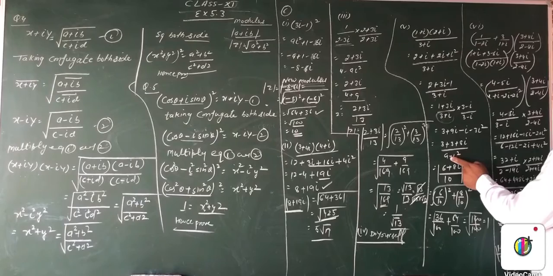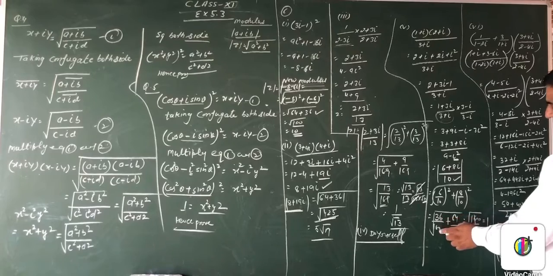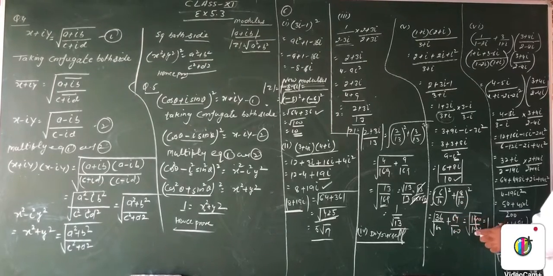This minus 1 multiplied by minus becomes plus, so this becomes 10. So 6 by 10 plus 8 by 10 under the square root. Now square of both terms is 36 by 100, 64 by 100. Add both terms, 100 by 100 cancels to 1, and square root of 1 is also equal to 1.